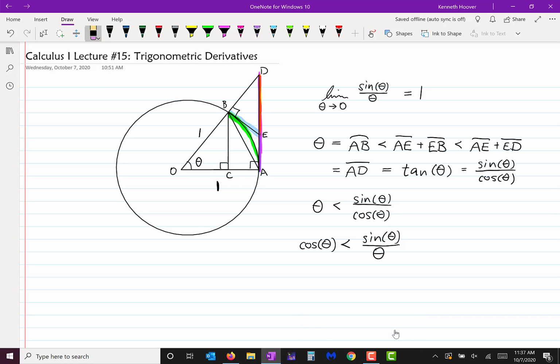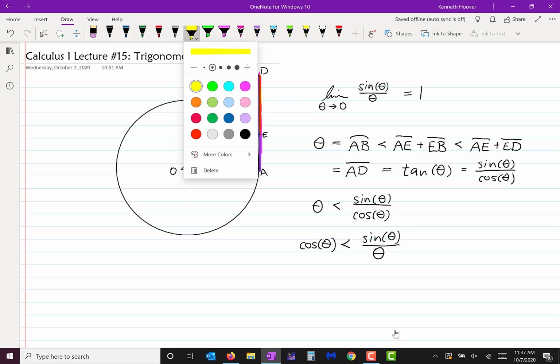Okay, now we're going to leave that just like it is for a minute. Now what we're going to do is look at those triangles that are drawn inside the circle. Okay? And what I want you to do is look at, let's see, I'm running out of colors here.